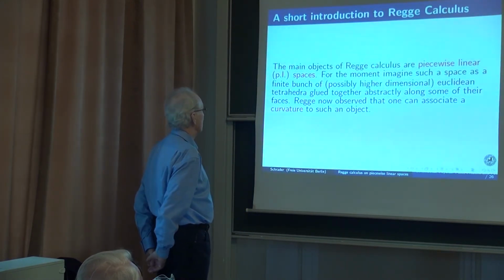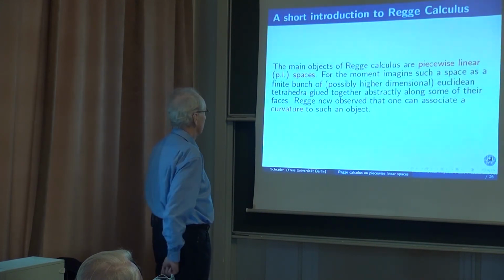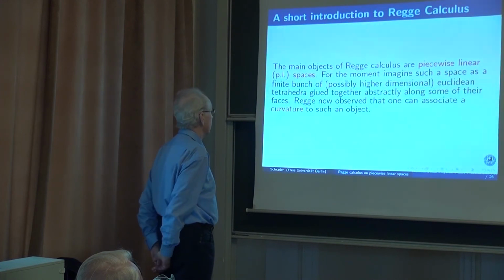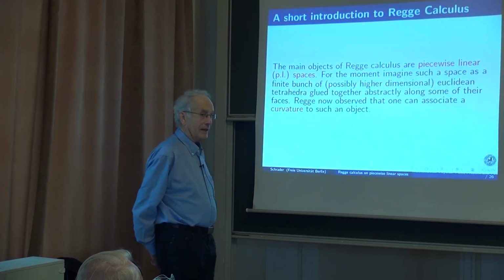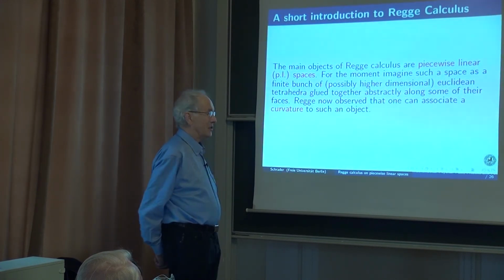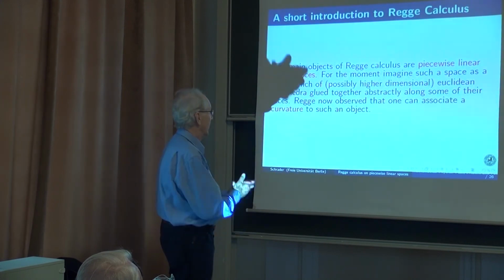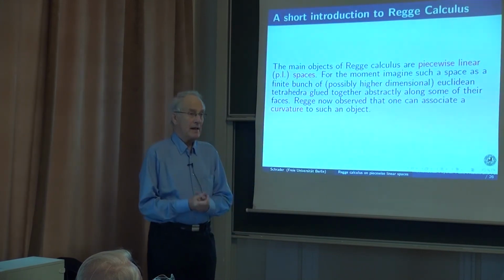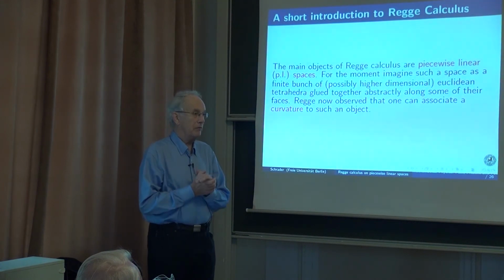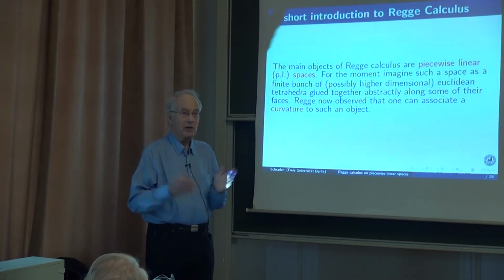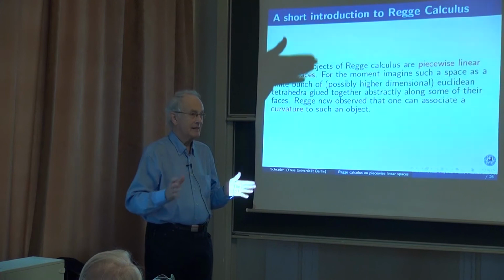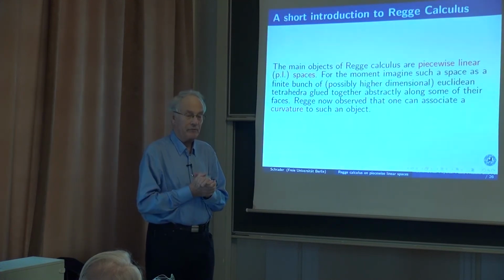So the main objects of Regge calculus are piecewise linear spaces. So I use the abbreviation P.L. For the moment, it's very intuitive. It's easy to imagine. Take a bunch of Euclidean tetrahedra or areas and glue them together whenever they fit together.